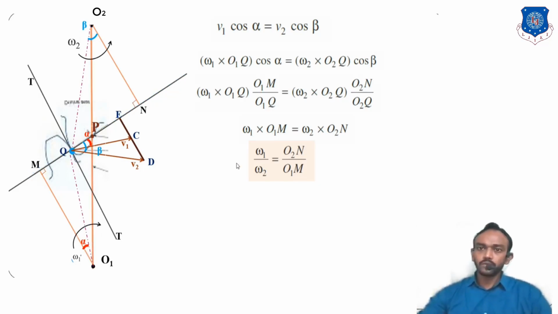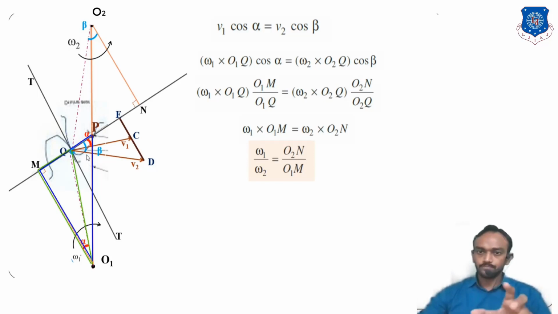Okay, so what will happen if you consider this triangle? Triangle number 1 is O1MP, and triangle number 2 is O1MQ.